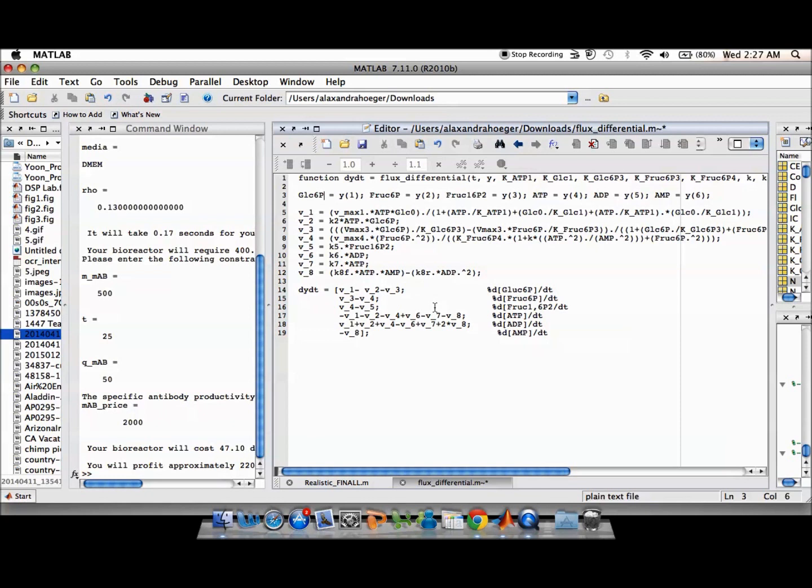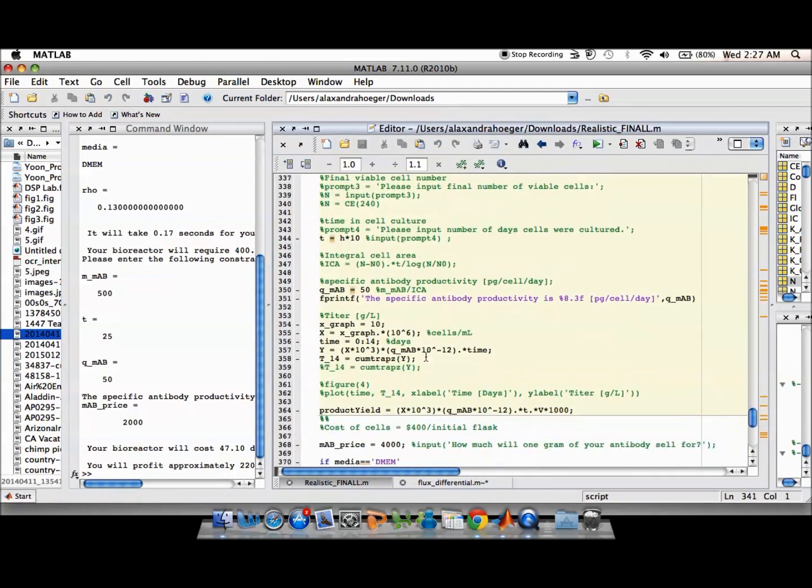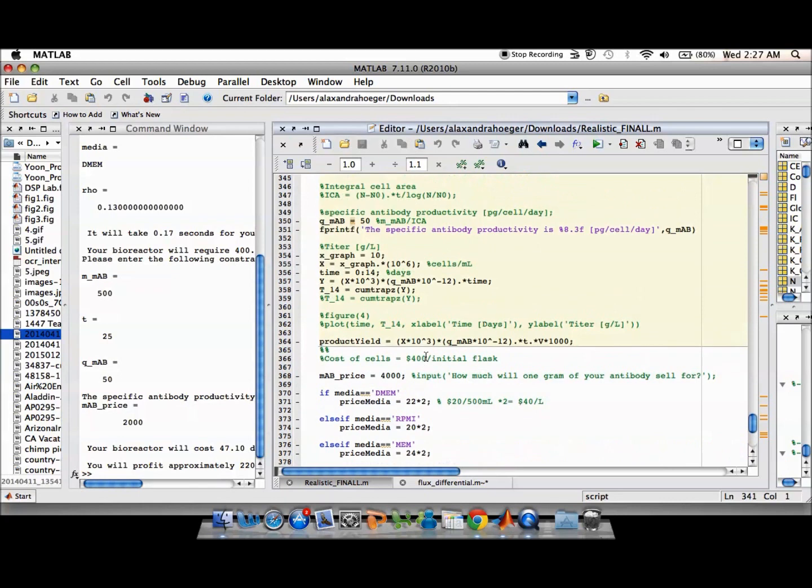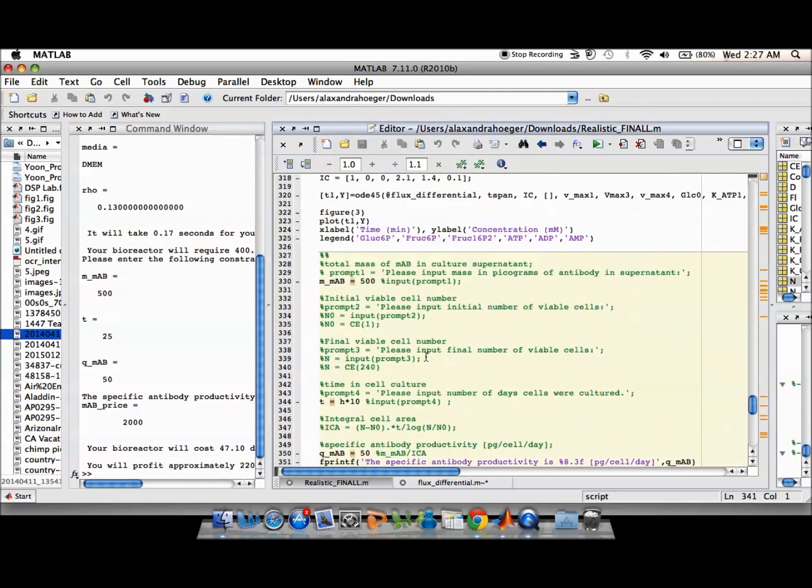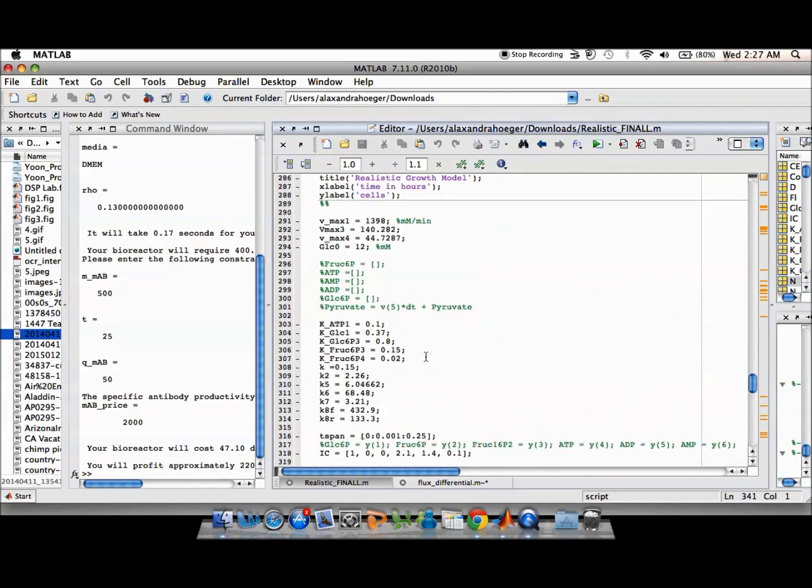From these equations, we're going to put it into our ODE45. The user needs to input constants.